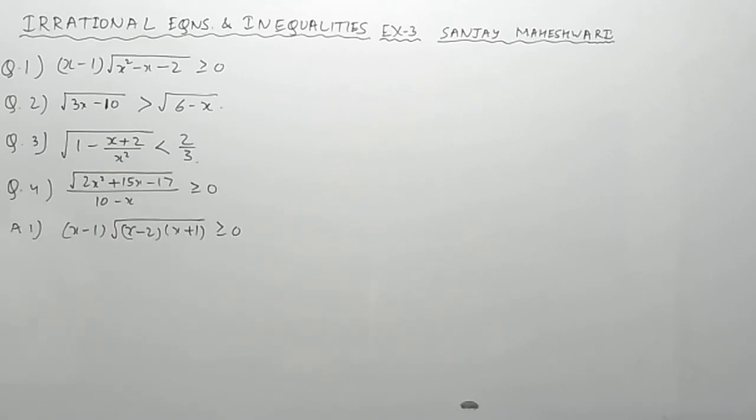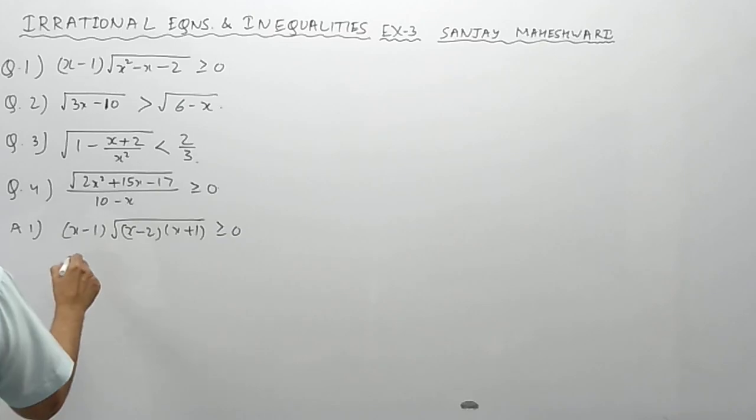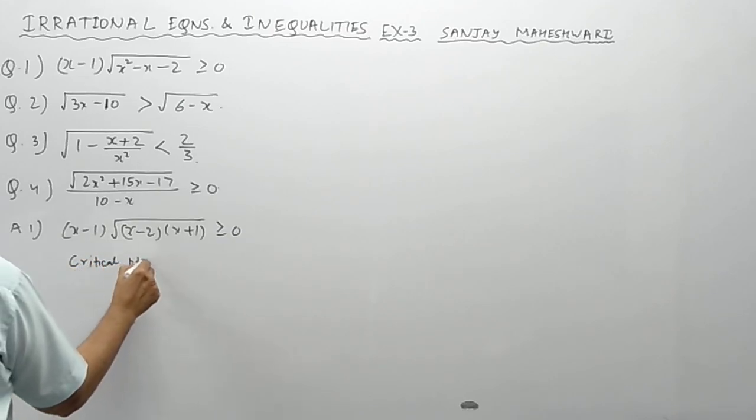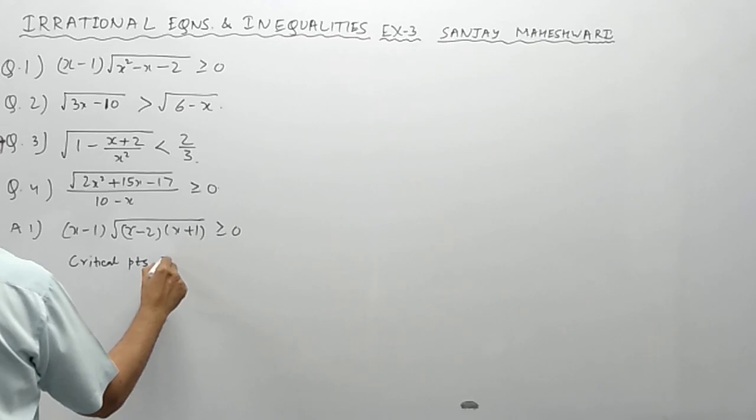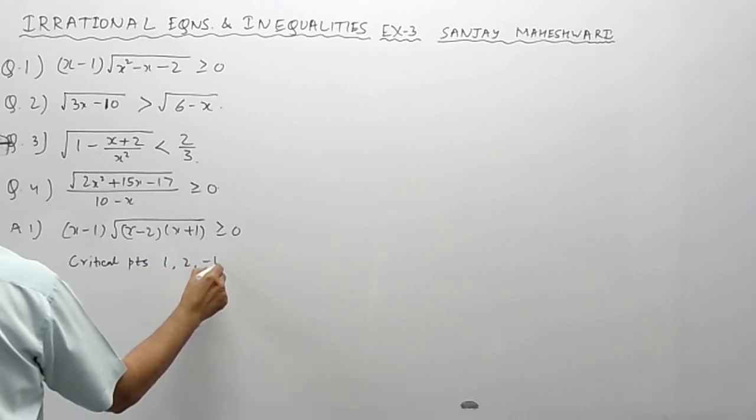So we can see here x square minus x minus 2, x minus 1. We can see that there are three critical points: 1, 2 and minus 1.